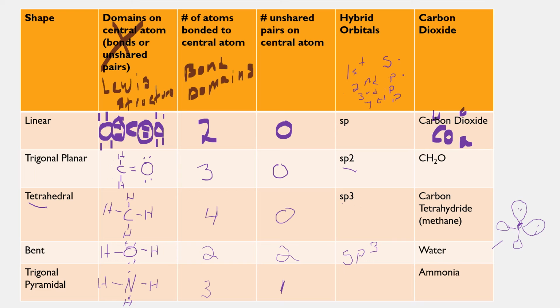So this is going to be pyramidal. Sometimes it's called trigonal pyramidal. As long as you see the word pyramidal, you know it's this one. So looking at what that looks like, we've got our central atom here. And then we've got our unshared pair up here.